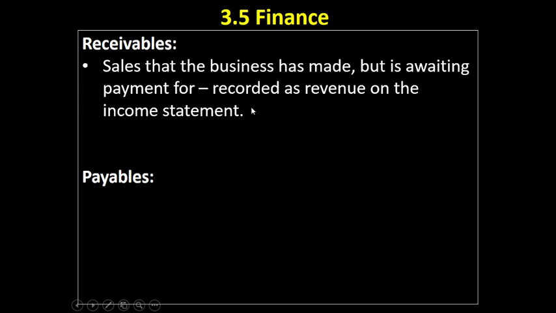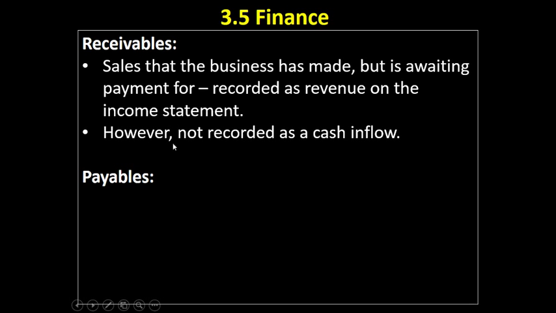So as soon as a business makes the sale and it gets the IOU from their customer saying, yes, we're going to pay you in 30, 60 or 90 days or whatever it is, then they can record that as revenue on the income statement. So it looks like the business has made a sale, so it's fair enough that it's recorded on the income statement. It's just that the cash hasn't come in. So it's not going to be recorded as a cash inflow.